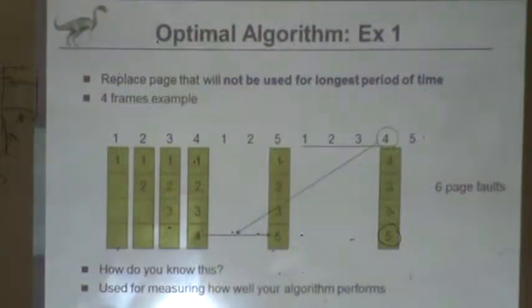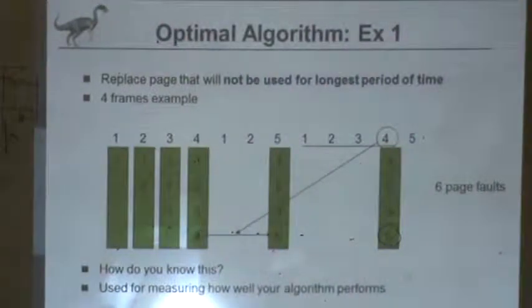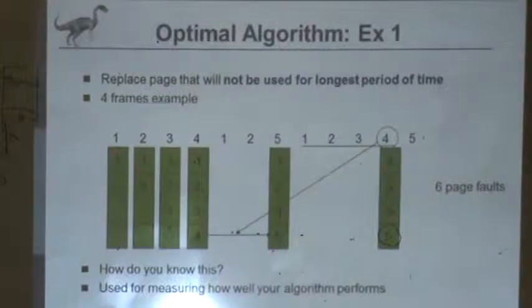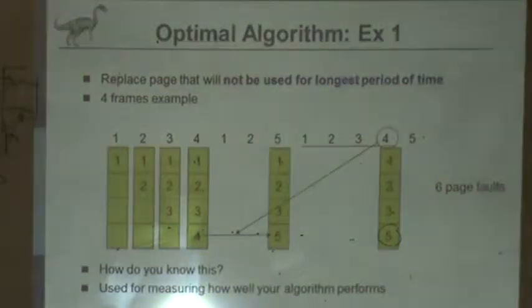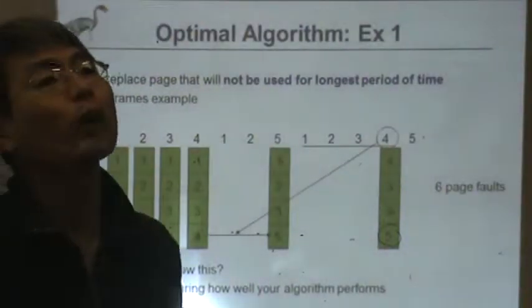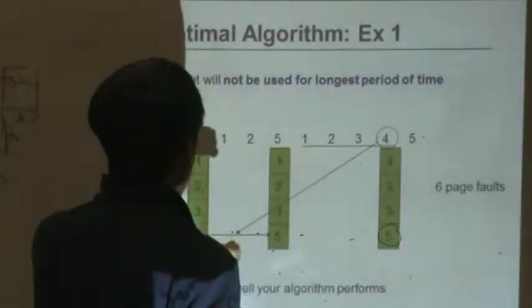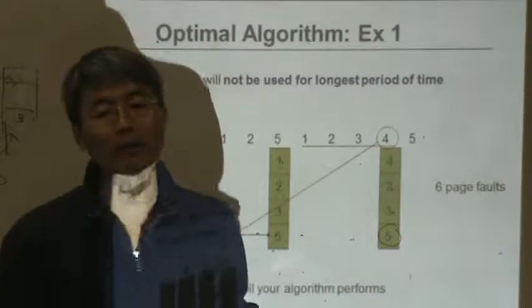So if we can understand such a pattern, there's no way to know the exact future instruction or reference, but we can assume, guess or predict it, but it's not easy. So that is the problem of the optimal solution.